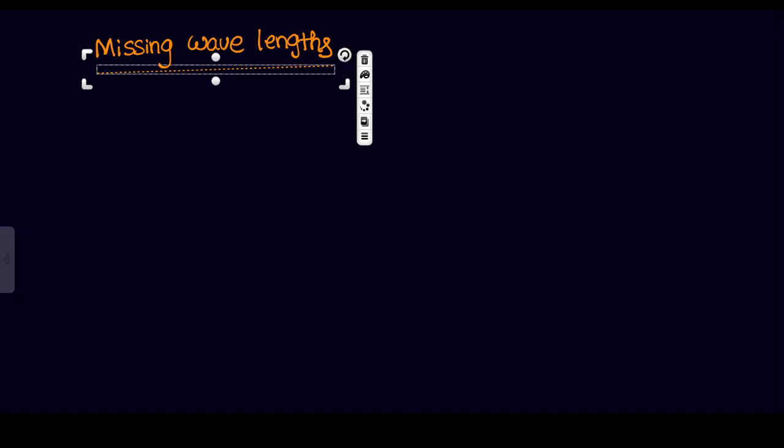Next one. Next one is missing wavelengths. Missing wavelengths means the wavelengths which do not appear.